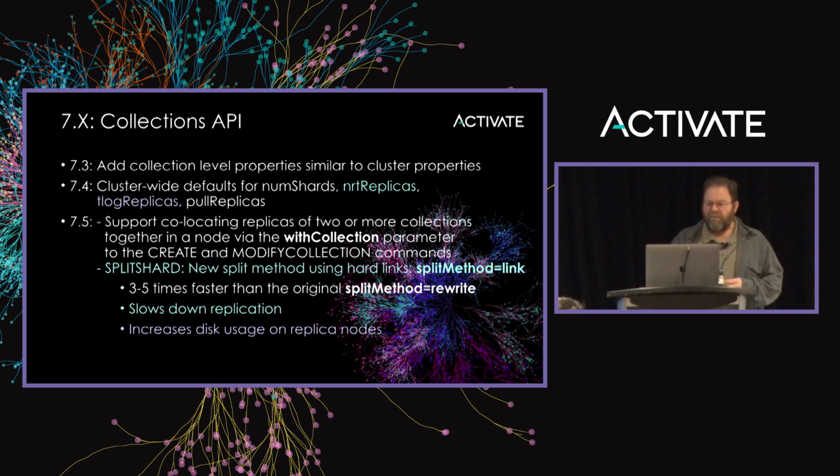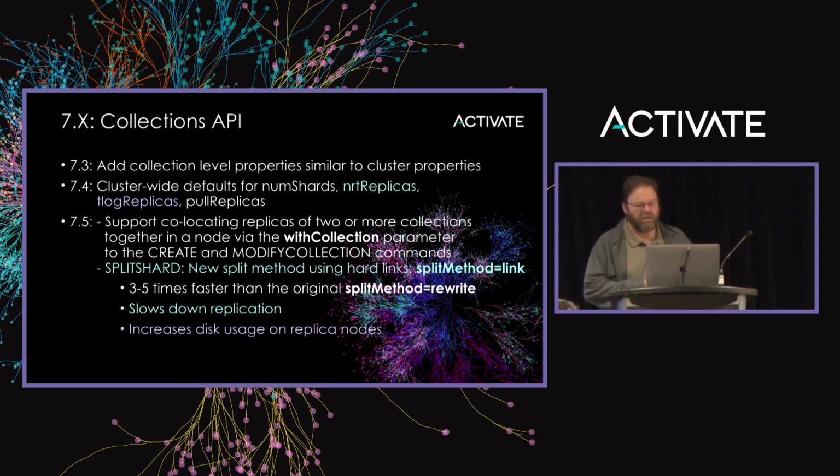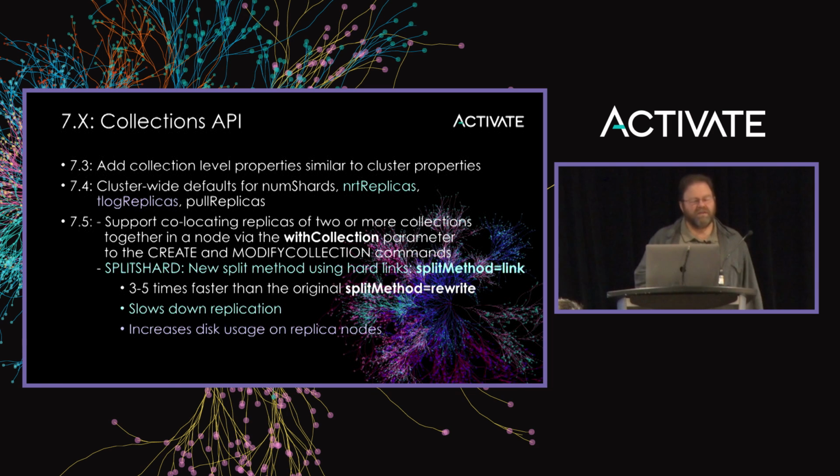Finally, for 7.5 in Collections API, a new split method was added to the split shard command. The split method is called link, and it is 3 to 5 times faster than the original rewrite method, with the caveat that this slows down replication because instead of performing a merge to remove existing deleted documents, the entire index is sent.